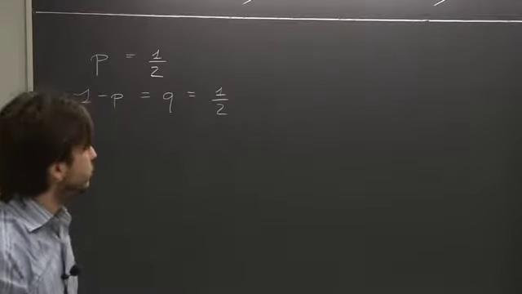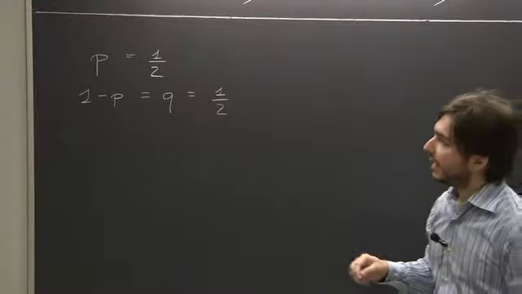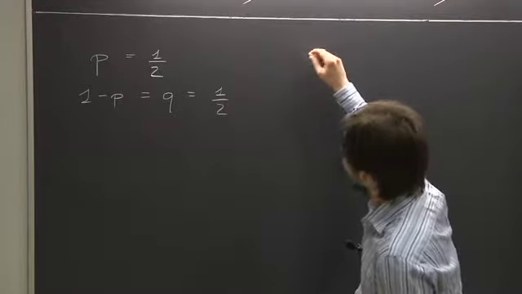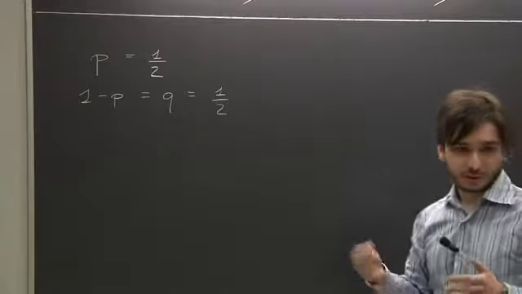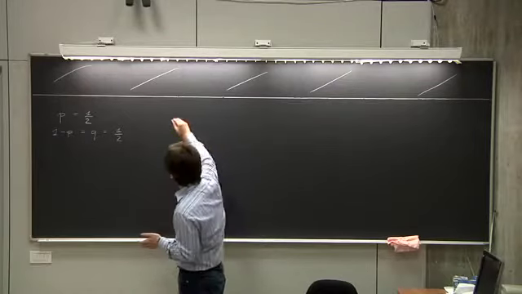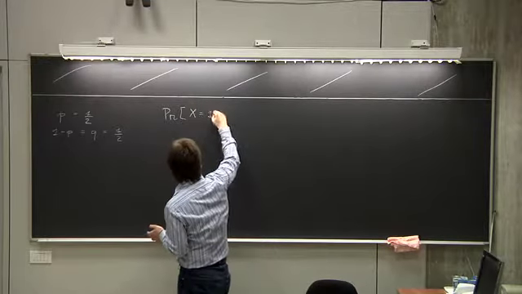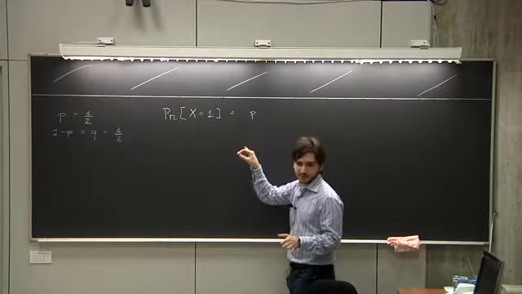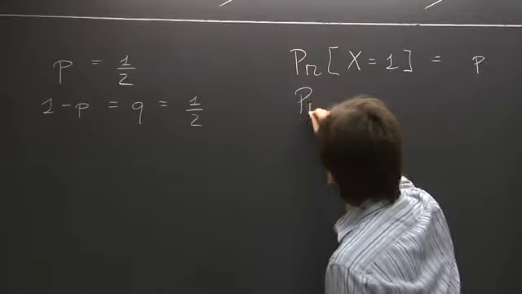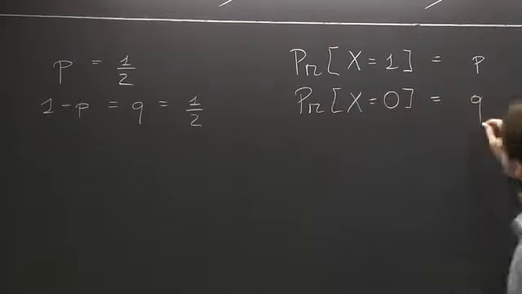You associate a random variable, for example X, which is 1 if the event happens and 0 otherwise. So you can rephrase this by saying that the probability that X is equal to 1 is P, which is 1/2 here, and the probability that X is equal to 0 is Q, again 1/2.